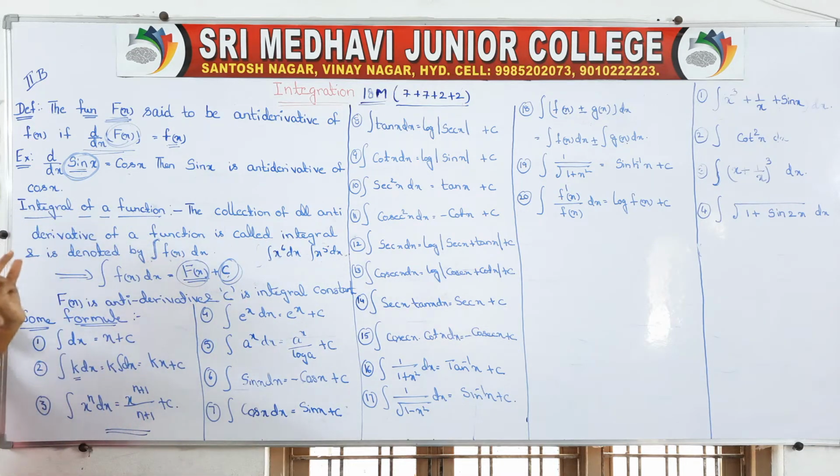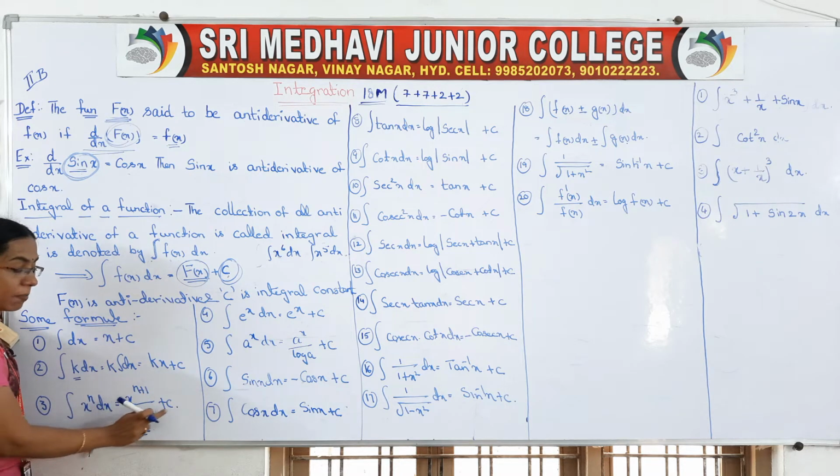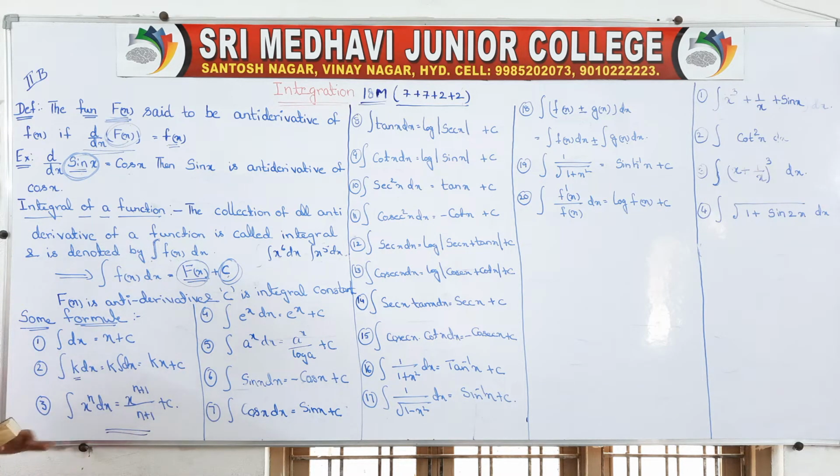In the place of n we can take any power. In general we have taken n, but instead of n we can take any number there. So whenever we are having x to the power of some value, its formula is x to the power of n plus 1 by n plus 1, plus c. Slowly you can get used to all these formulas, but the most repeated formula is this one.